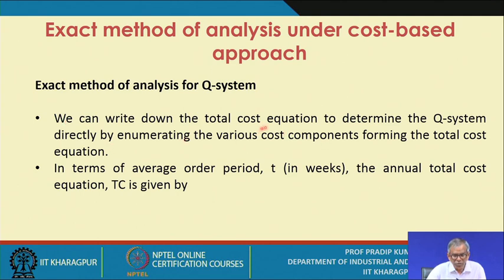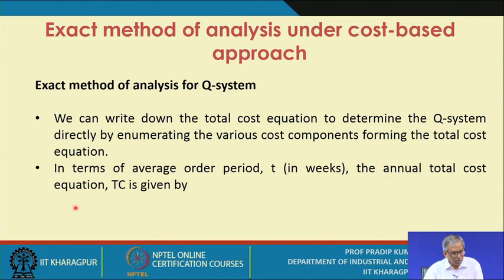So what we can do, we can write down the total cost equation by enumerating the various cost components forming the total cost equation. This is very clear. So in terms of the average order period T in weeks, so here we are assuming that the time unit is week, that's why we have written weeks. It could be also in months or in years.